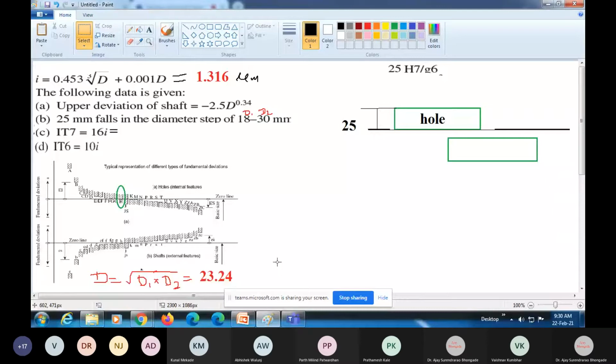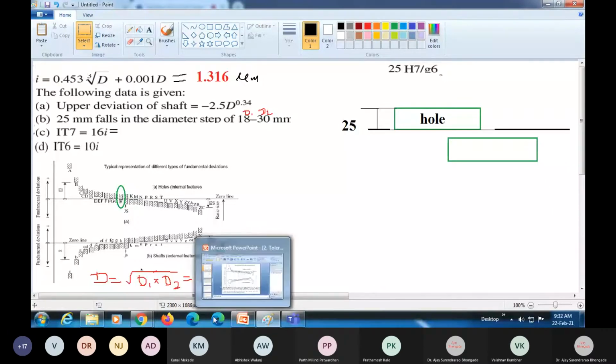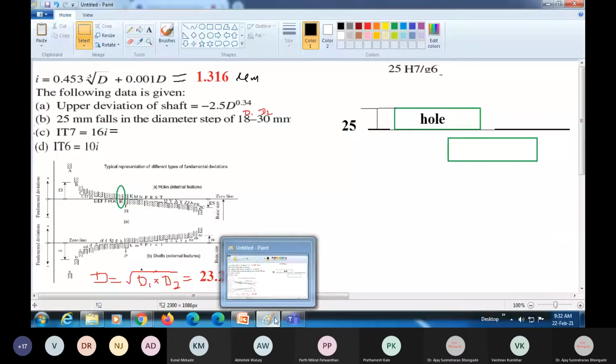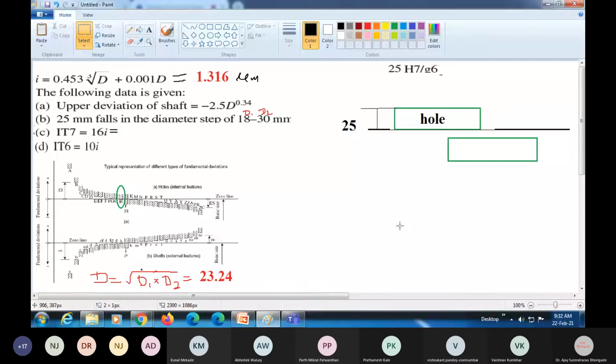Hello, can you hear me? Yes, sir. Okay, there was some network issue on the PC there. Can you see the screen? Yes, sir. Okay, I think it was restored now. So you can see the screen, right?